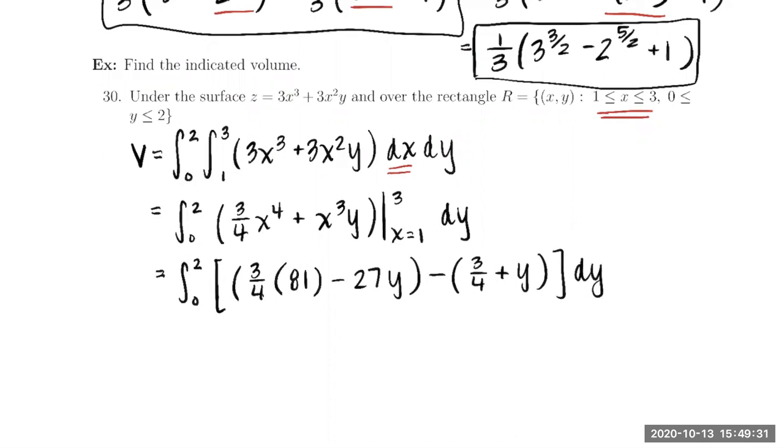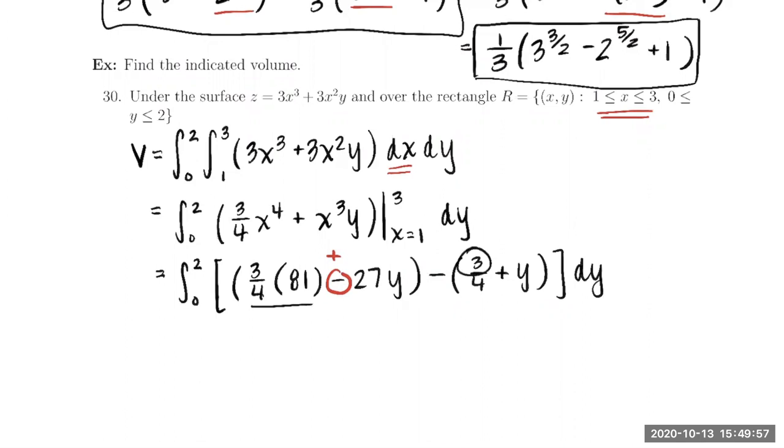Okay, so let's go ahead and combine what we can. Whoops, and I just noticed here, let's make this quick correction. That minus should be a plus. All right. Okay, so I have 81 times 3 is 243.